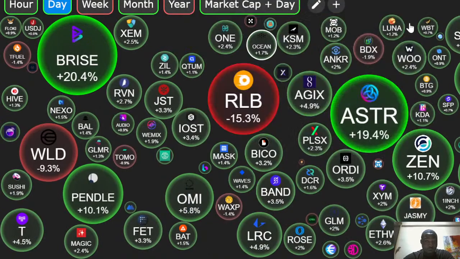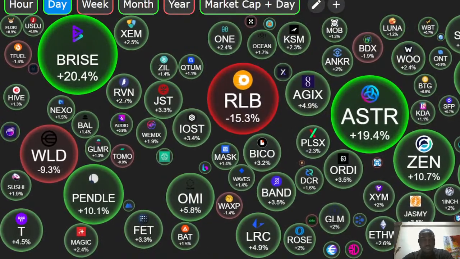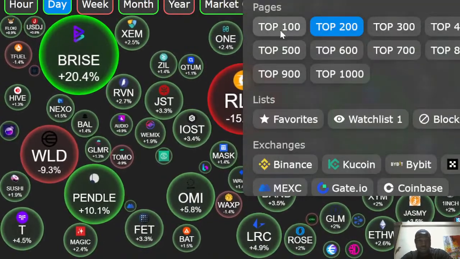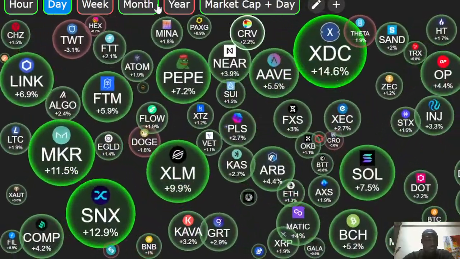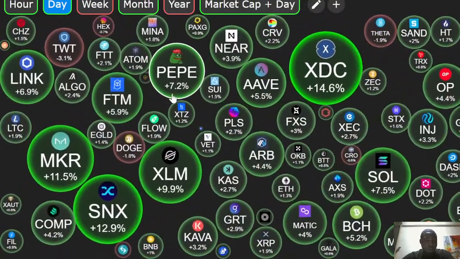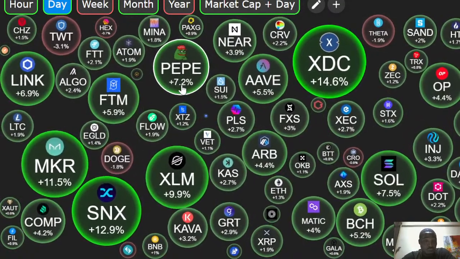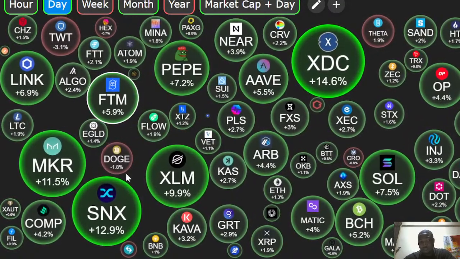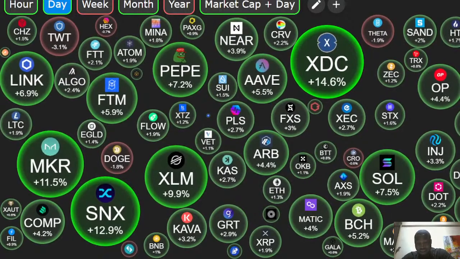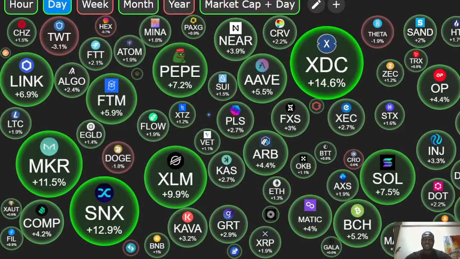It had a little push yesterday, because during the market it went down to 3.4, 3.3, but now it's had a little push. You can see Pepe also had a push up, and Phantom also had a push in the market space yesterday, not today, yesterday.